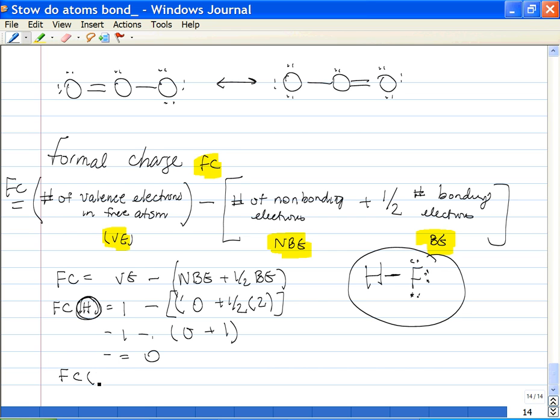So now, let's look at the formal charge for chlorine. So chlorine has how many valence electrons in the free atom? 7. Non-bonding electrons around the fluorine atom. Bonding electrons.